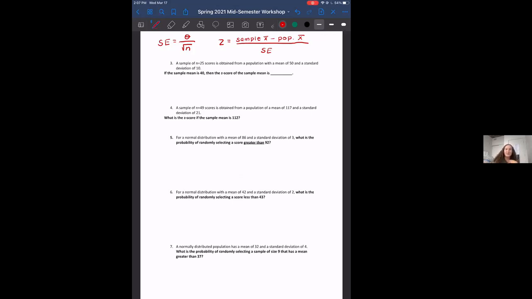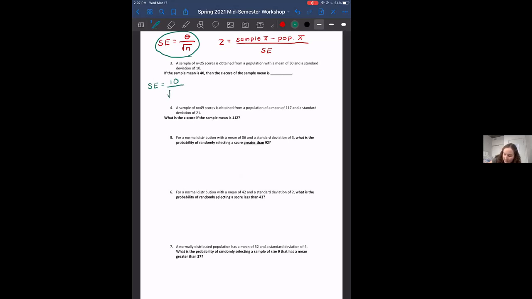Now that we know the equations, let's try it on our problem. Let's do the standard error first. We have the equation right here. What is our standard deviation? 10, yes. Good. So what is n?